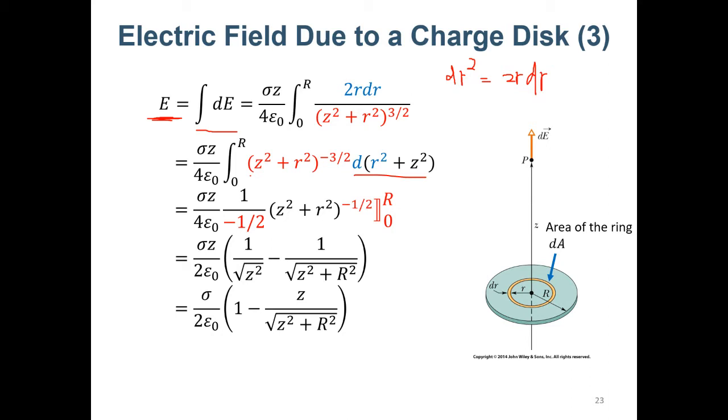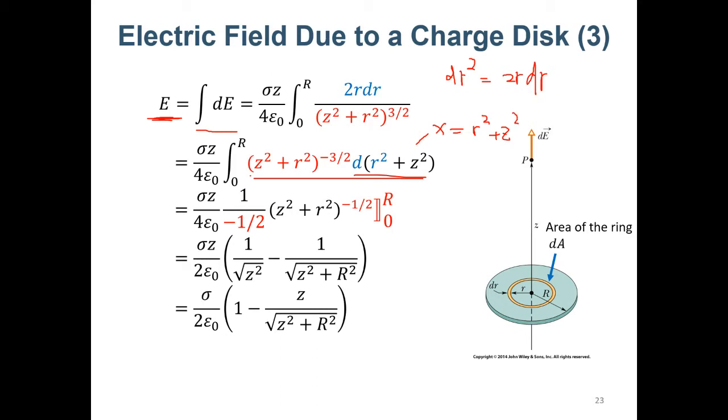So this is something like you integrate a polynomial. You can just regard this as a term. Maybe you can call it x, but I do not make this substitution here. Maybe you just imagine x is r squared plus z squared.